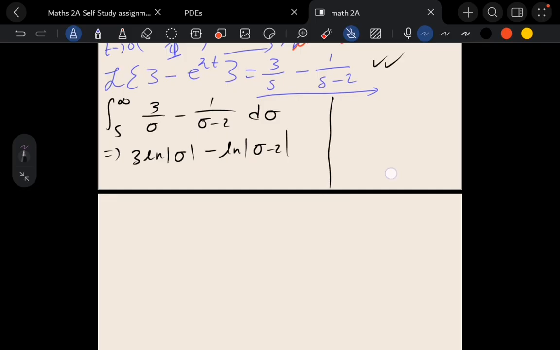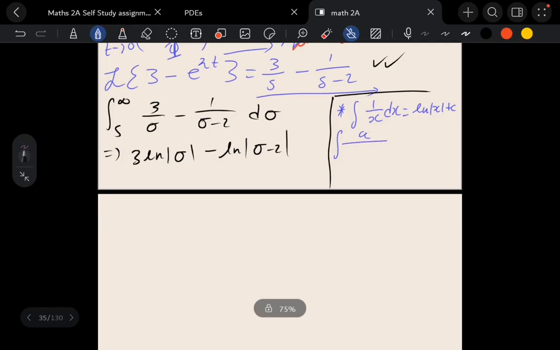Please keep these integration rules in mind. Integration of 1 over x dx was ln of x plus c. The integration of a over x plus or minus b dx was a ln x plus or minus b plus c.